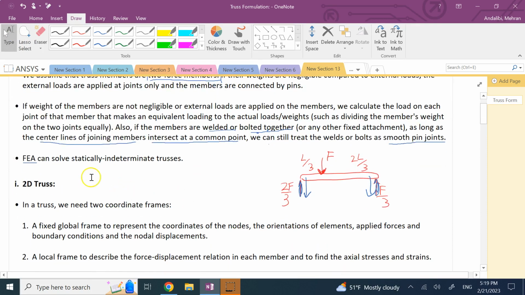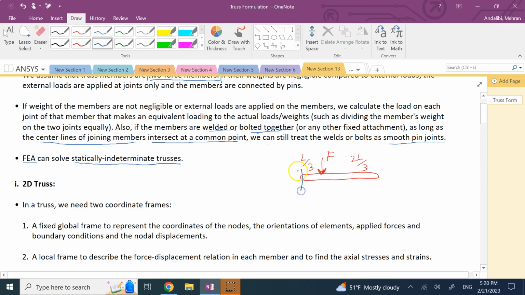And one of the good things about FEA, before I start, is that FEA can not only give you the internal forces in the members, it can also solve statically indeterminate trusses. So if there are more external forces and moments on the truss and you cannot solve for them by the methods in statics, FEA can solve for that.